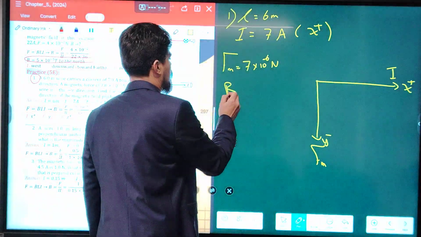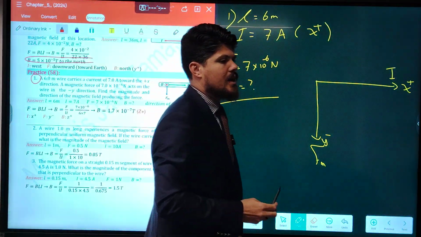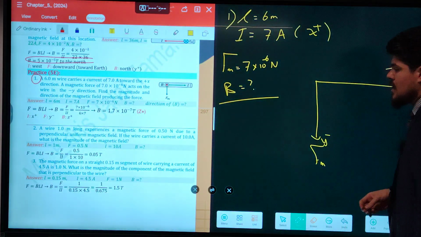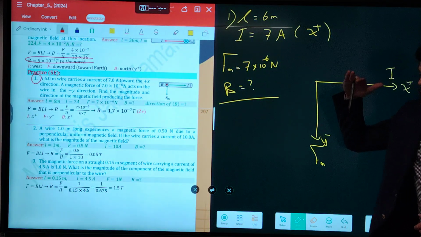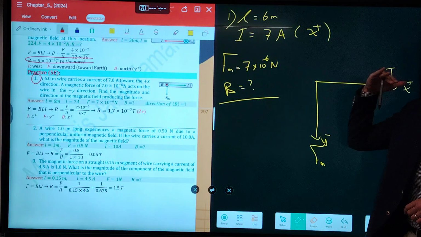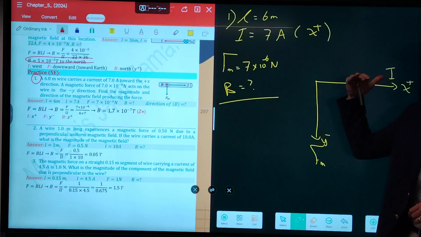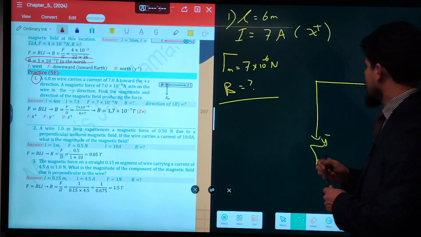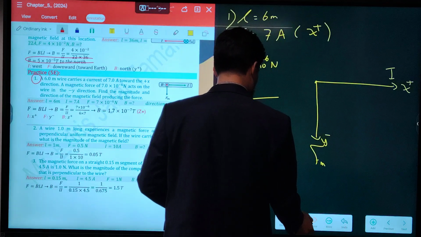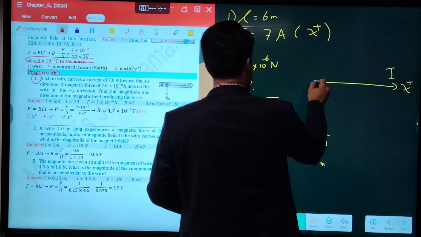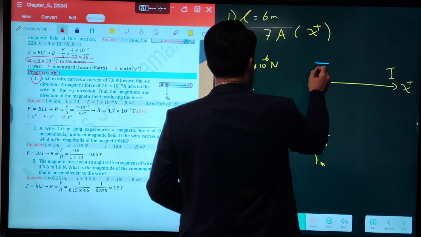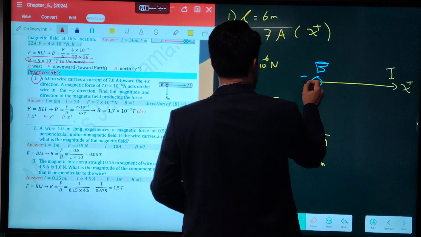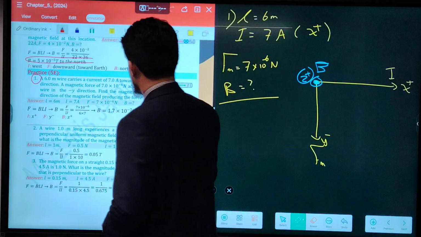B is unknown. At first, let's find the direction of the magnetic field. Where is magnetic force? Y negative. Where is current? X positive. How about magnetic field? Outward. Z positive. Okay? This is magnetic field Z positive.